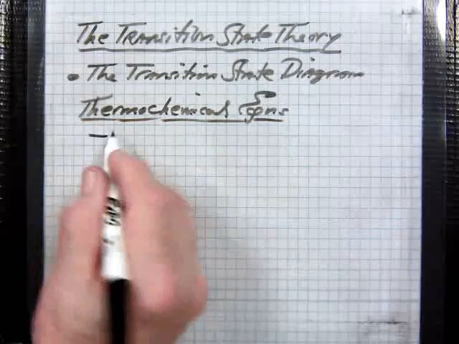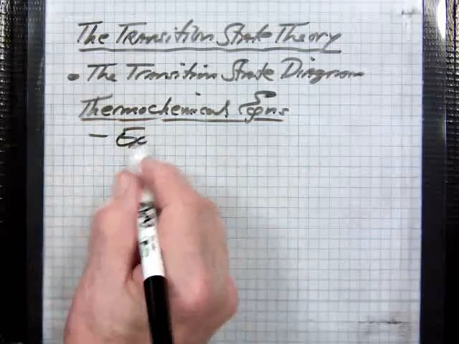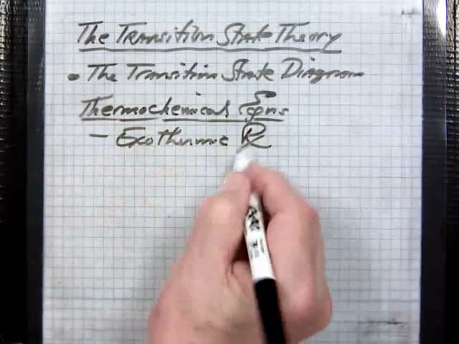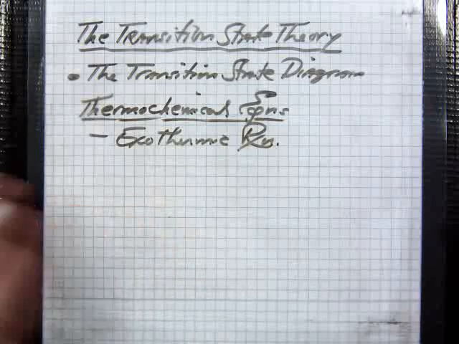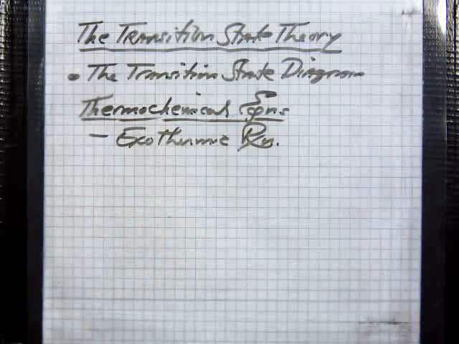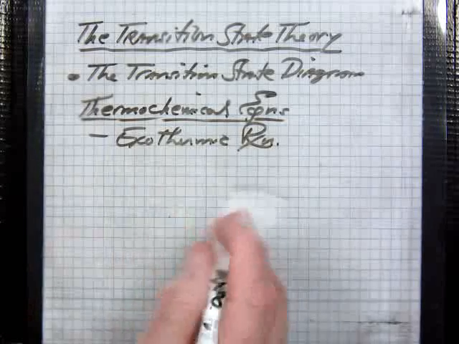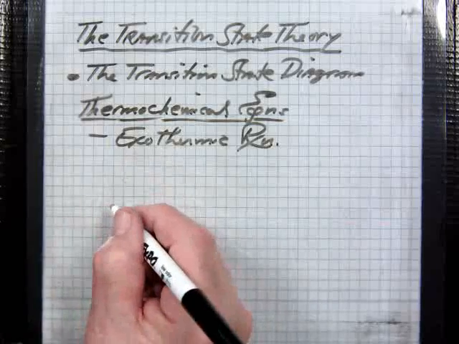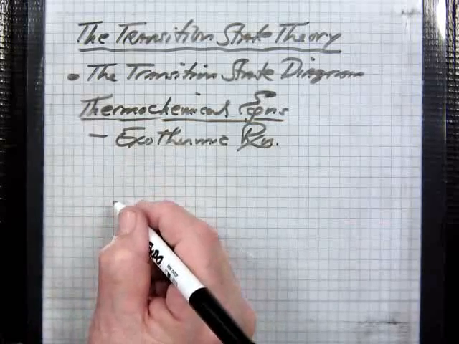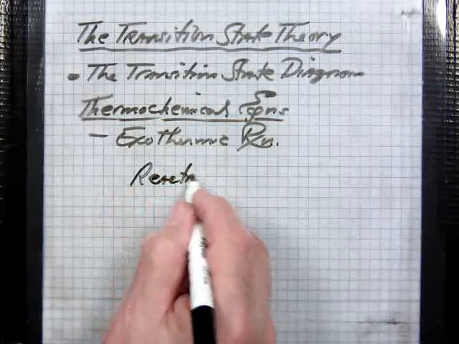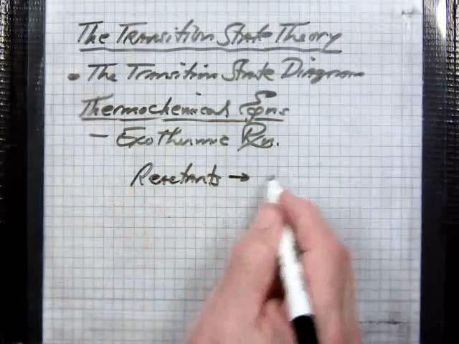Let's start with the exothermic reaction. We're talking about an exothermic reaction. That means energy is being liberated from the system into the surroundings. And so we'd have, say, reactants going to products.